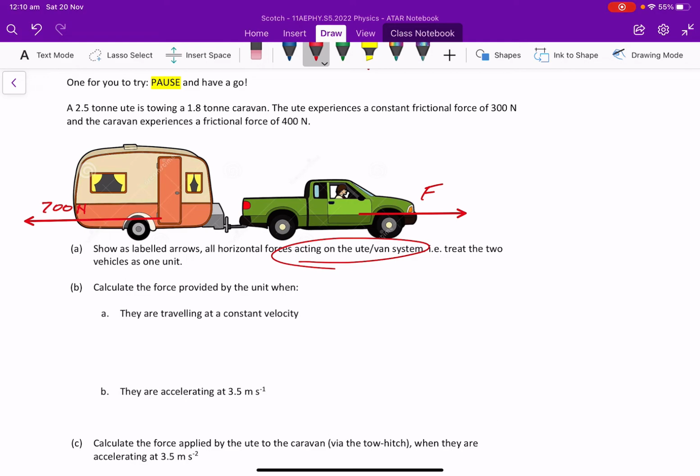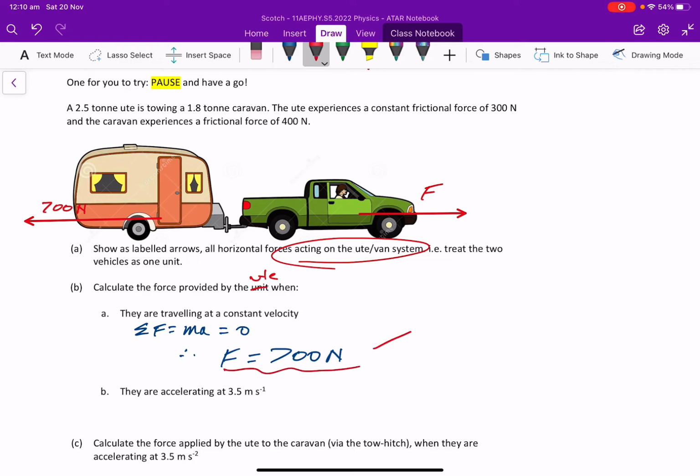All right, now, calculate the force provided by the ute when they are travelling at a constant velocity. Well, at constant velocity, the sum of the forces is equal to ma, which is 0 if you're not accelerating, and therefore the force is exactly equal and opposite to the friction.